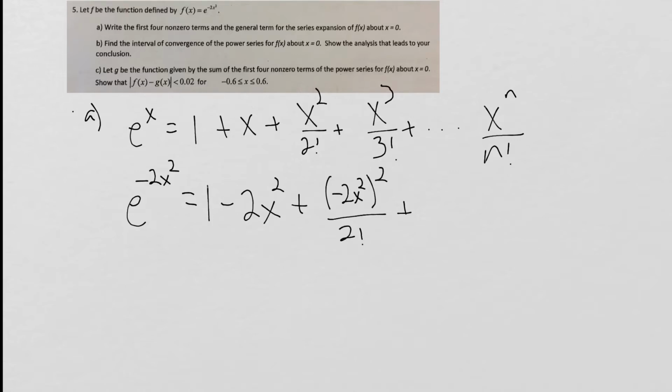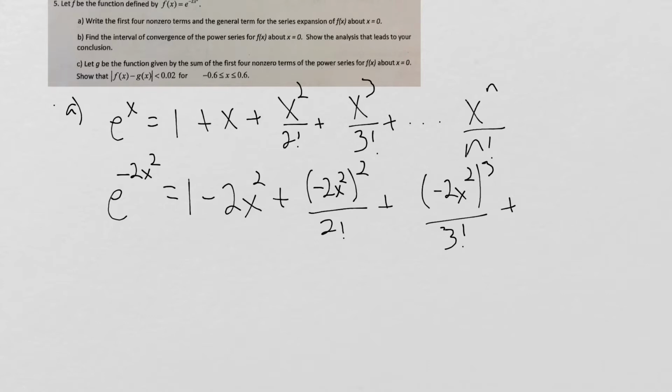Plus, open parentheses, negative 2x squared, cubed, over 3 factorial, plus ... plus negative 2x squared to the n over n factorial. So that is all of part A. I've got the first four non-zero terms and the nth term.